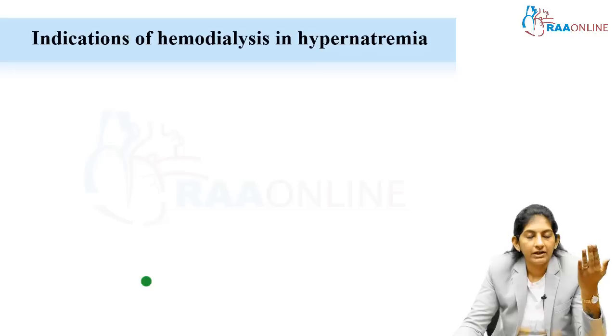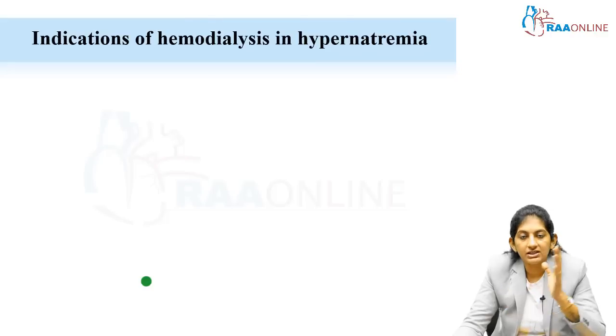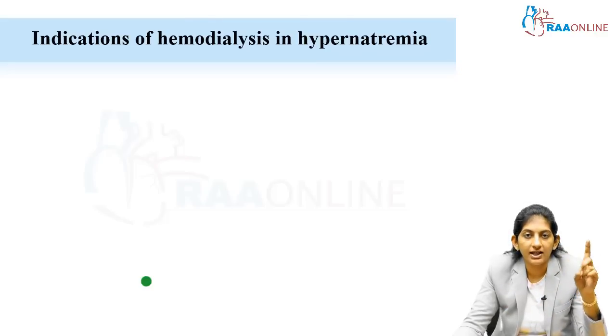So far we have talked about hypovolemic hypernatremia, hypervolemic and euvolemic hypernatremia. Hypovolemic is those 5 steps. If you want to go through the complete 5 steps, refer to Harriet Lane. And apart from that, the volume resuscitation, how to give free water, how to calculate the free water, and replacement of ongoing losses. If you do all those things, that is more than enough practically also. That is for hypovolemic hypernatremia.